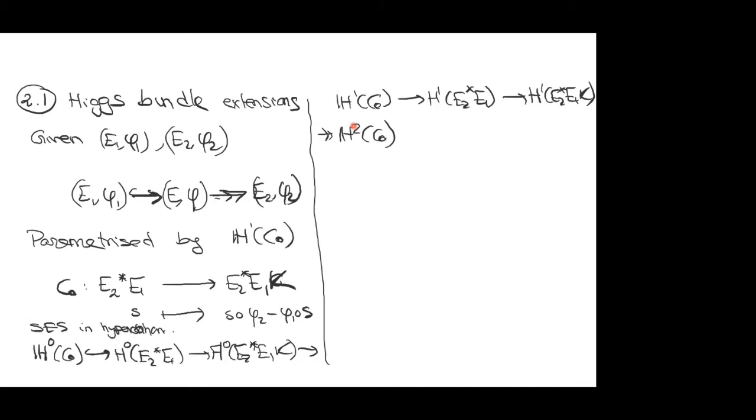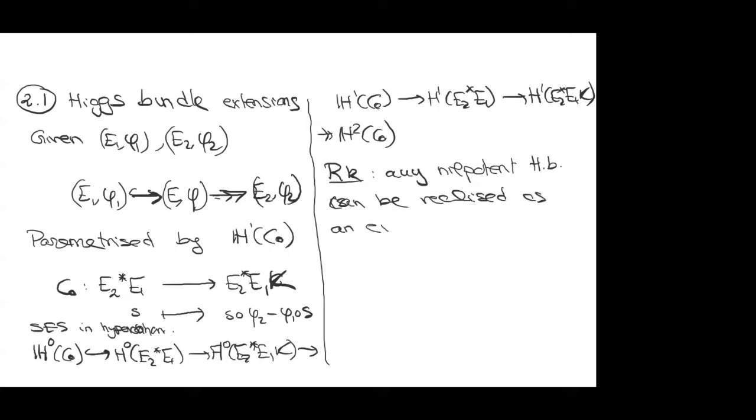So notice also that in particular, if we have a nilpotent Higgs field, then a nilpotent Higgs bundle is or can be realized as an extension, maybe in different ways.